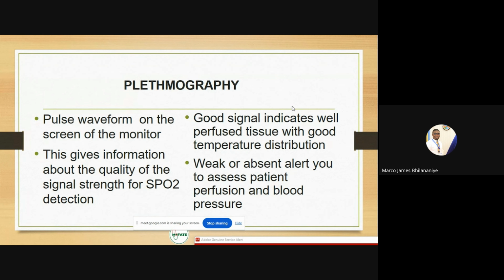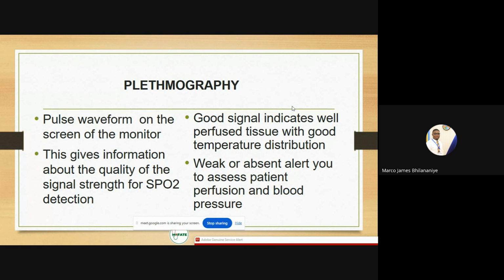So why do we get pulse rate from this oximetry? It is due to this signal strength from the plethysmograph, which gives the picture of pulsation. So the strength of pulsation gives us this signal strength.